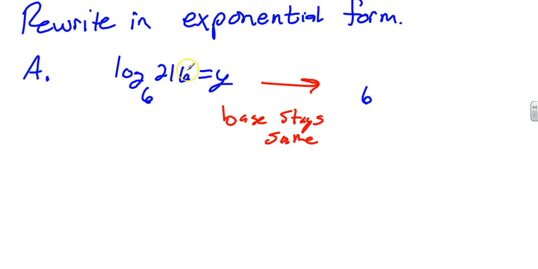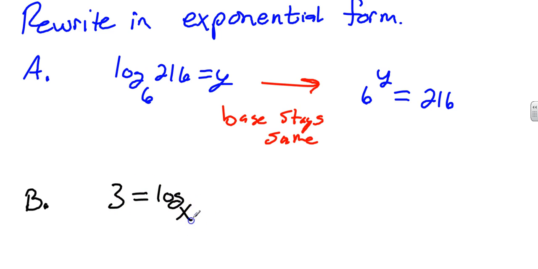And then the other two parts, just switch these two numbers. So it's 6 to the y power equals 216.